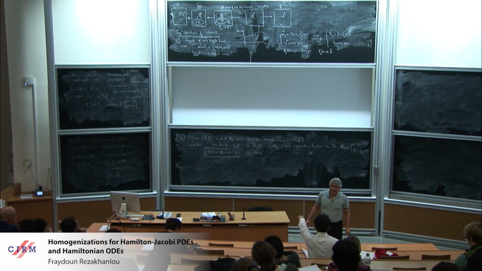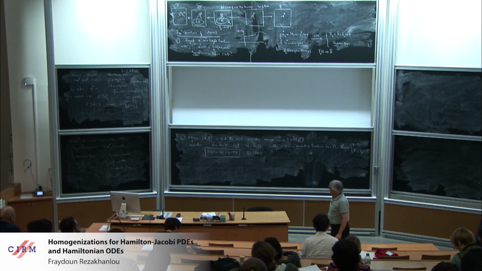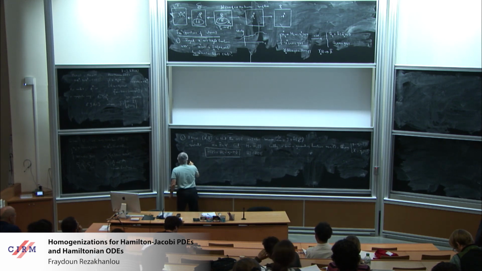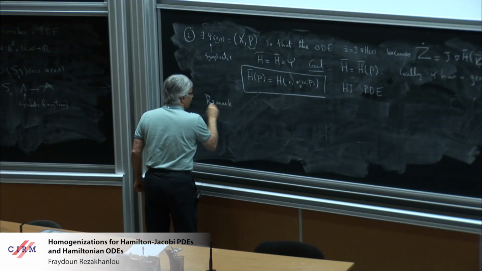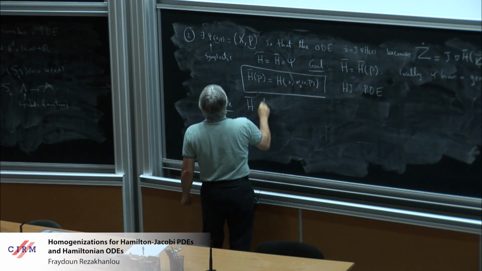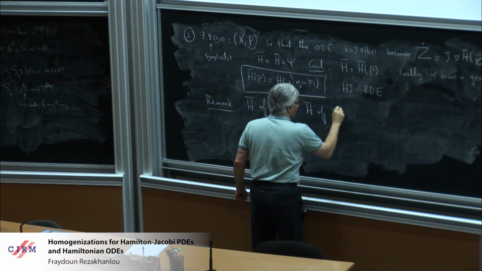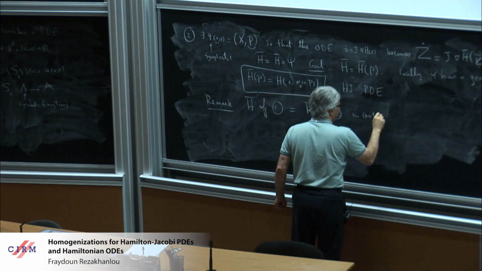Upper H bar and the lower H bar. It turns out in some cases they coincide, not always. Remark: H bar of 1 equals H bar of 2 in certain cases.